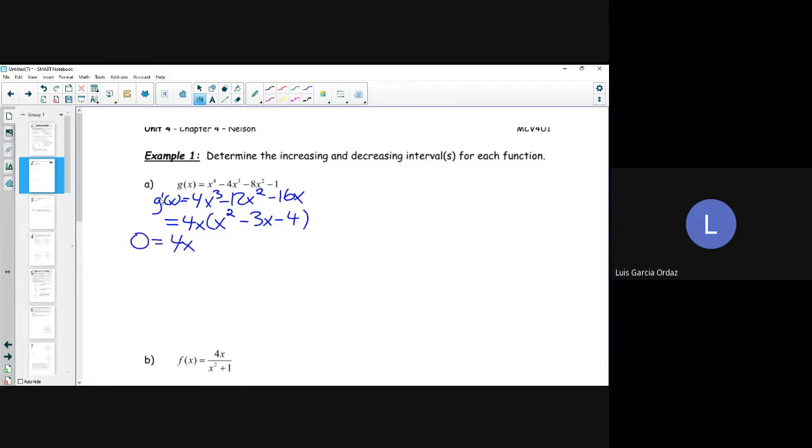Who can tell me what my trinomial x squared minus 3x minus 4 factors into? This is a simple trinomial, so hopefully it is easy for you guys to figure out the factored form. x minus 4, x plus 1, thank you.